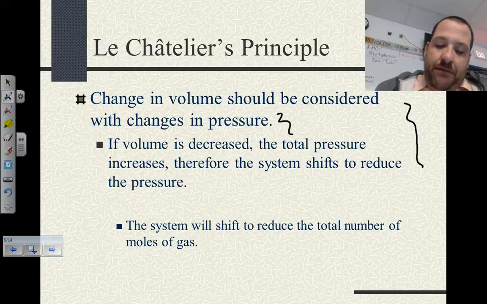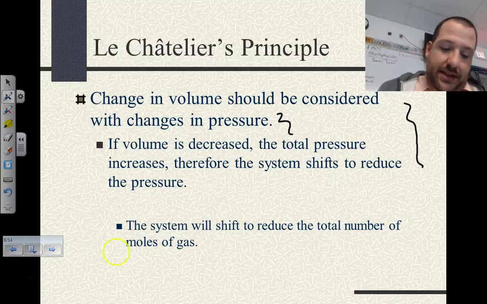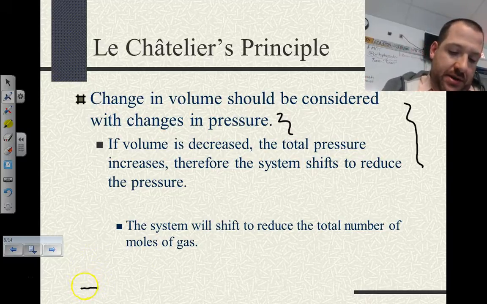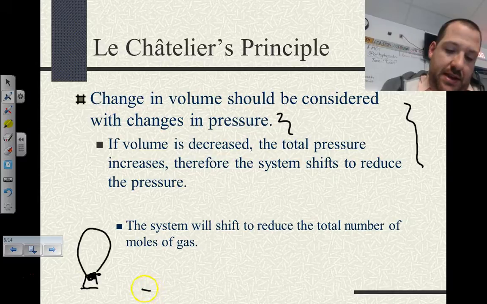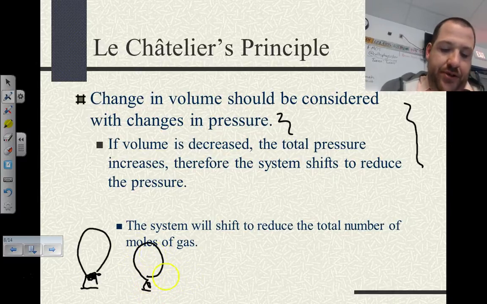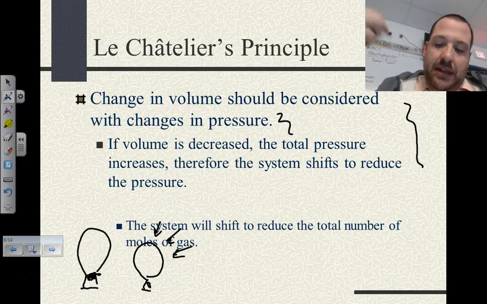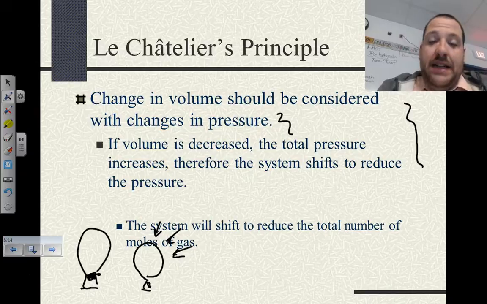If the volume is decreased, let's say we have a balloon, now you get to see my real art ability here. Let's say you have a balloon, and that balloon then shrinks. You put it under a lot of pressure, so now the balloon is getting smaller and takes up a lot less space.